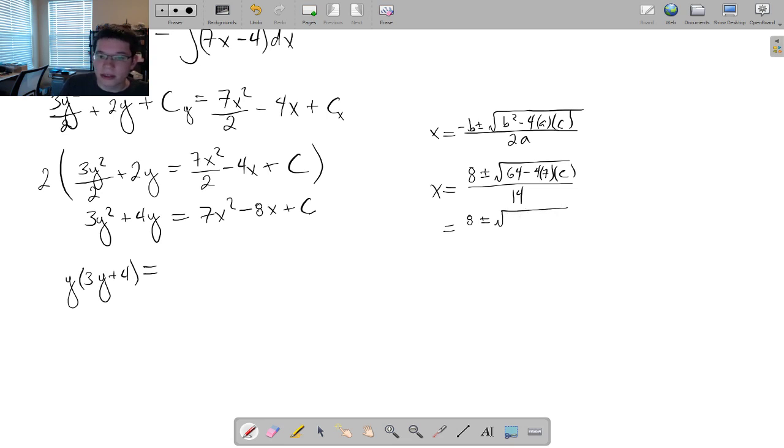And we probably don't need this. I'm just doing it because it may be useful. 4 times 7 times c, so that's what? 28c over 14.